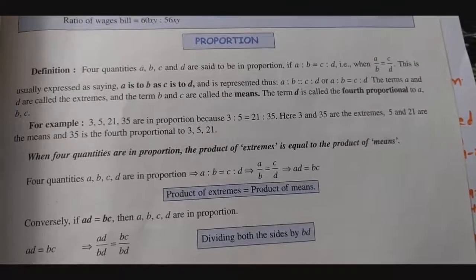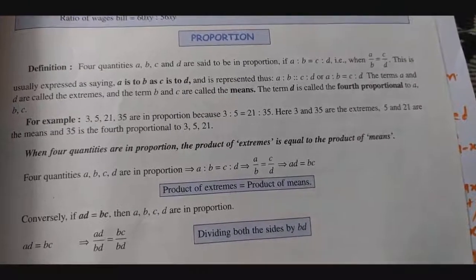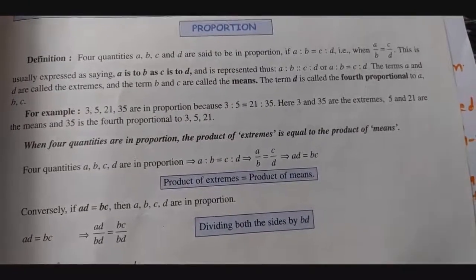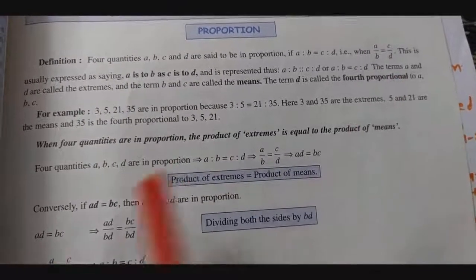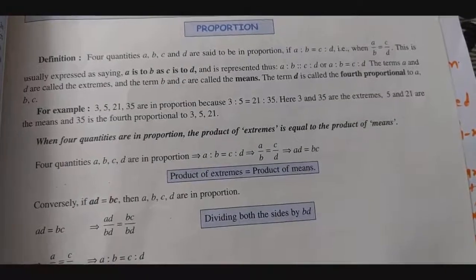In the last video we have seen what is ratio and a few questions regarding ratio. Now today we learn about proportion. This we have also studied already in 8th standard.